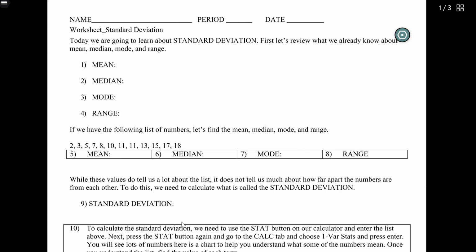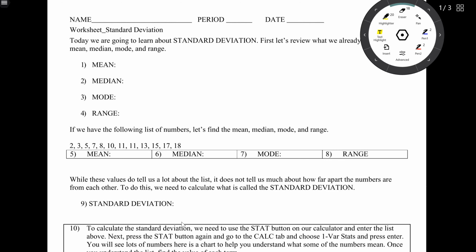First off is the mean. The mean is the average of the numbers, or the average in a data set. The median is the middle number if we arrange the numbers in order.